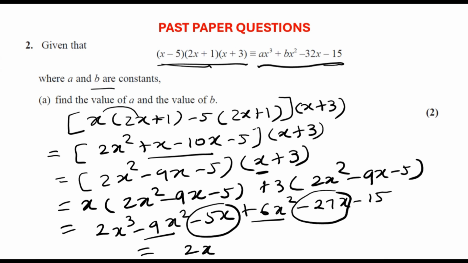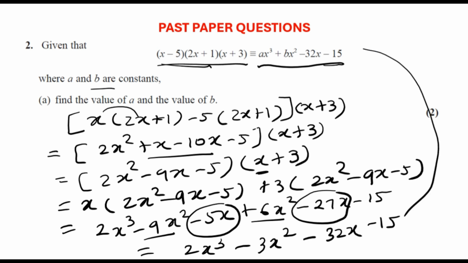Simplifying it, 2x cubed, minus 9 plus 6 will give minus 3x squared, minus 5 minus 27 is minus 32x, minus 15. Now this is our answer. Compare with what is given here and find the values of a and b. So our a is 2 and our b is equal to minus 3.